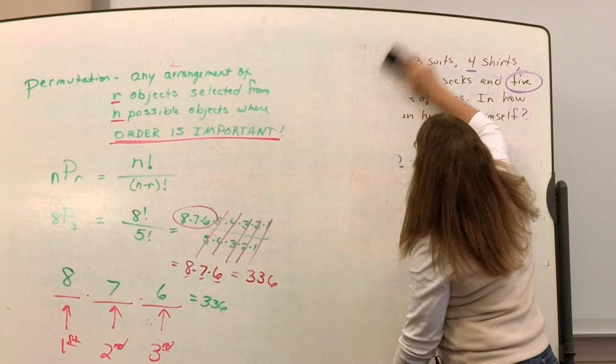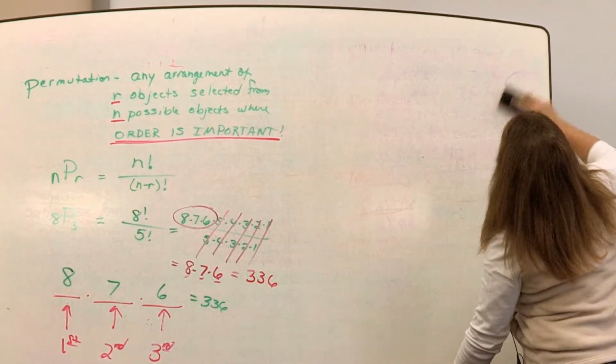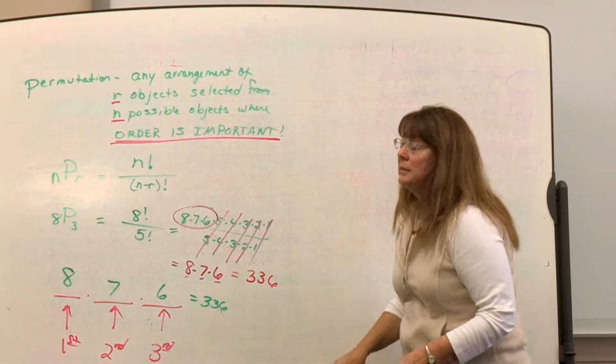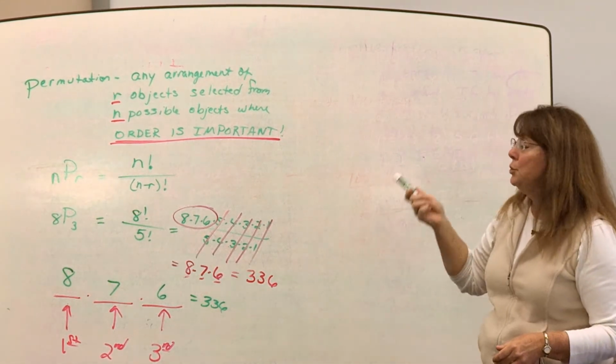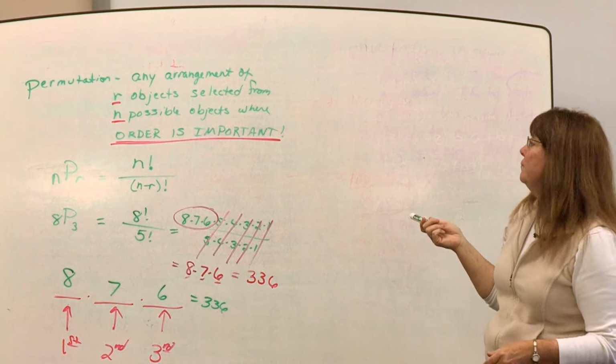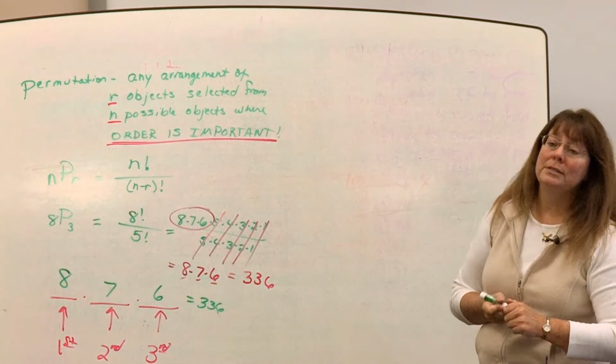Now I want to compare that to a combination, because the difference with a combination is the same idea, but we're doing it as a group. And so for a combination, the order is not important.